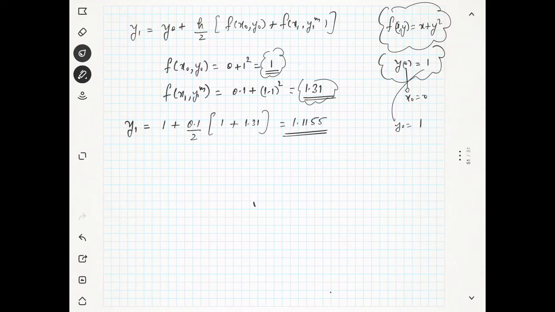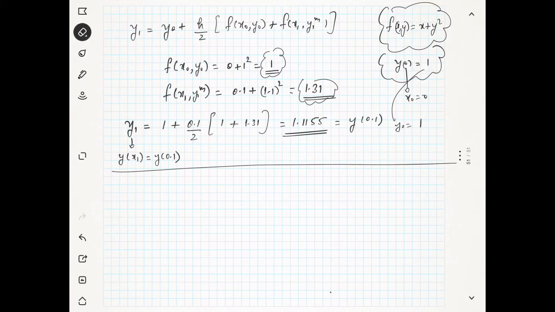So this is the answer. What is this y1? Y1 is y of x1, and x1 is 0.1, so this is y of 0.1. So you got y of 0.1. Now you have to find y of 0.2. You will proceed in the same way.